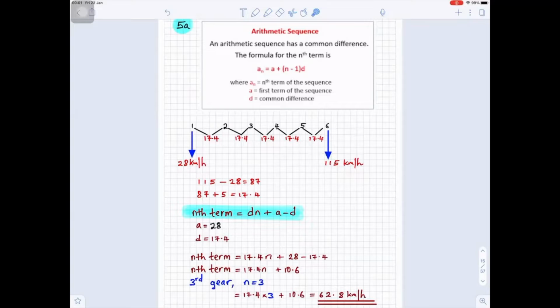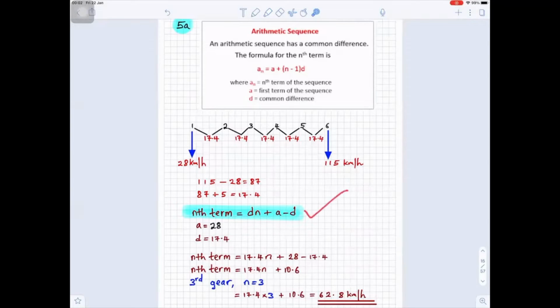Now, if we count the differences, 1, 2, 3, 4, 5. So we find 115 minus 28, that gives us 87. 87 divided by 5. The 5 comes from 1, 2, 3, 4, 5. And that gives us 17.4. That's the difference, 17.4 each.